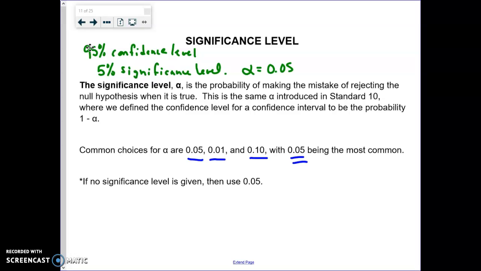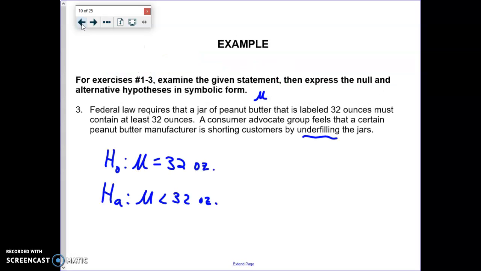As a matter of fact, how do people choose a level of significance? Well, it just depends on how important it is that you don't accidentally make the mistake of rejecting the null hypothesis when it's true. So what I mean by that is this. Let's say we go back here, and let's say that for this particular example, number 3, they are actually filling the jars with 32 ounces of peanut butter, but our test data, by just chance variation, happens to say that they are underfilling it.